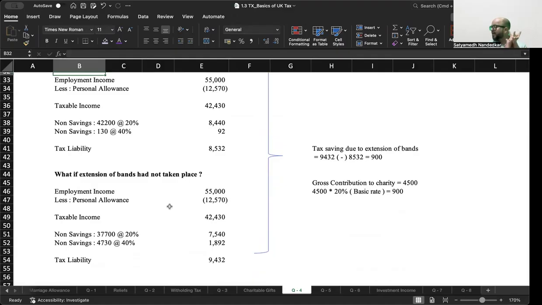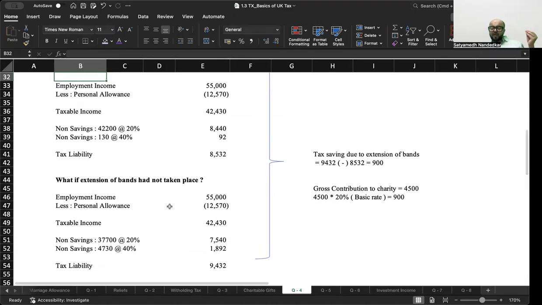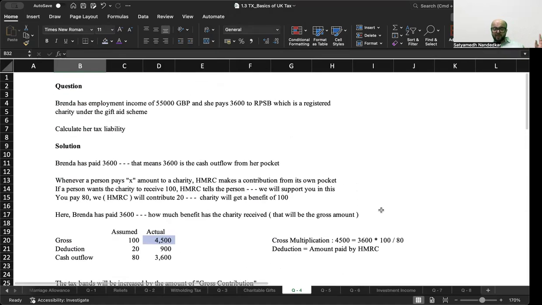With the extension of bands, the liability is 8532. Without the extension of bands, the liability is 9432. Because of the extension of bands, you are saving your overall tax liability. And it's not a matter of coincidence, but the fact is that gross amount of charitable contribution into 20%, that is the amount of tax that you will ultimately end up saving.